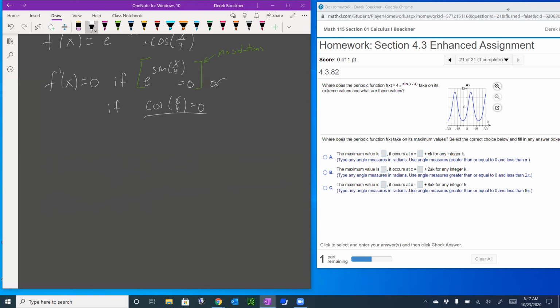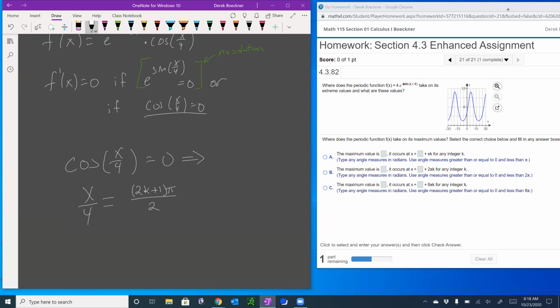But what I want is the cosine of x over 4 equals 0, which tells me that x over 4 equals, well, cosine is 0 at pi over 2, 3 pi over 2, that sort of thing. Odd numbers of pi divided by 2. So 2k plus 1, those are odd numbers, right?